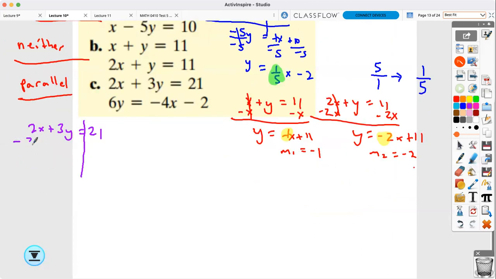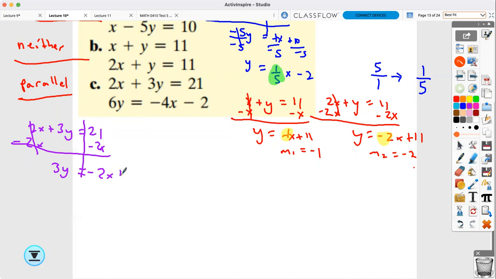Subtract 2x. Correct. Do that on both sides. Cancels out, 3Y equals, what happens on the right side? Negative 2x minus 21. Well, what kind of 21 is it? Is it plus or negative?